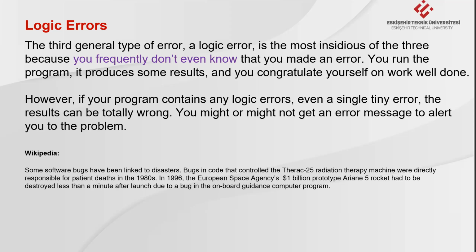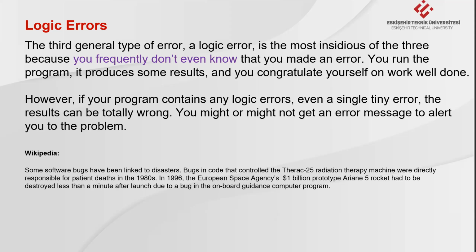However, if your program contains any logic errors, even a single tiny error, the result can be totally wrong. You might or might not get an error message to alert you to the problem. So everything seems correct, but you make a calculation error. It's a logic error.